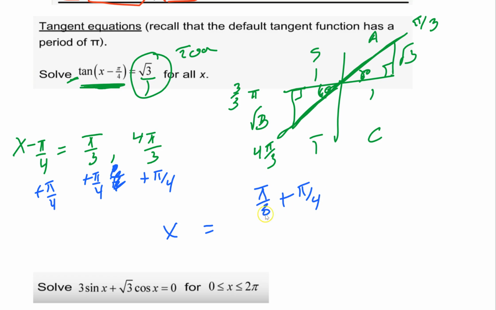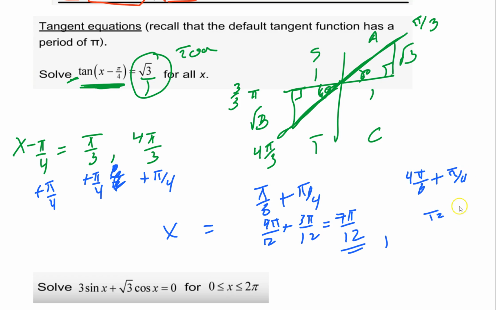I want to add them, so I have to do a common denominator, so I'll make this 12. Multiply this by 4 over 4, make that 12. Multiply this by 3 over 3. So I get 7 pi over 12. And then over there, 4 pi over 3 plus pi over 4, common denominator stuff.